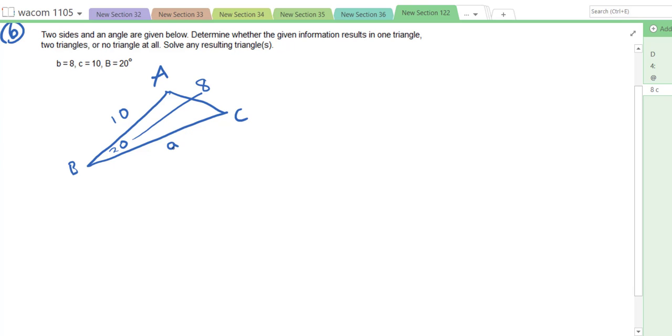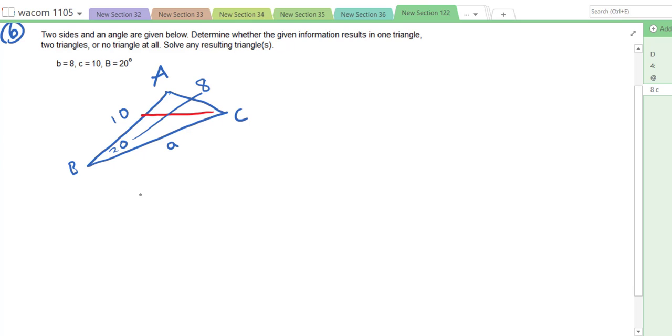Okay, so we should go with the law of sines, and we're going to look for this one. We have a partial here, and so we're going to look for angle C. Since we're looking for an angle, we'll put the angles on top. We'll work with the pair that we have. We'll use law of sines.